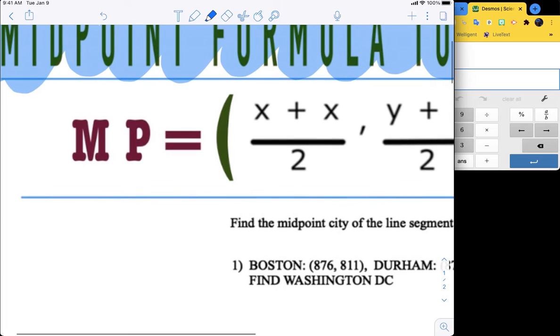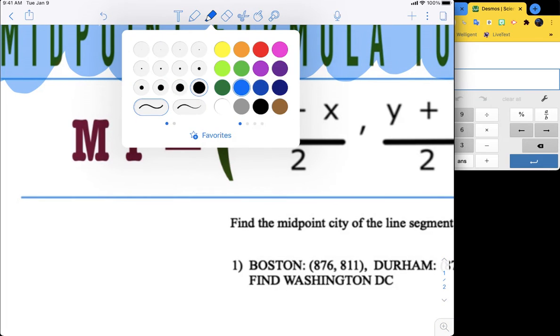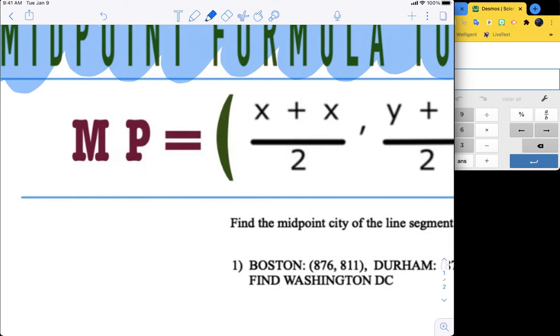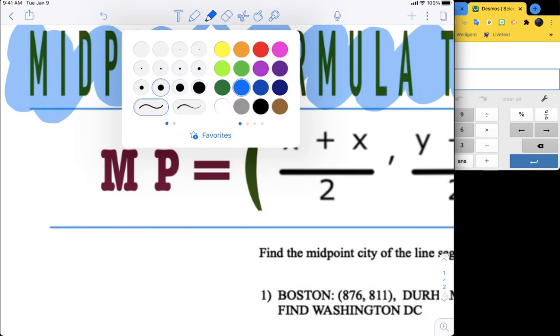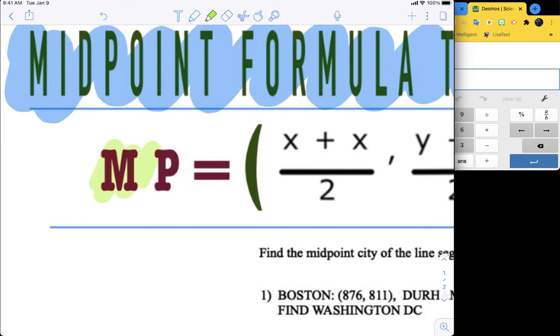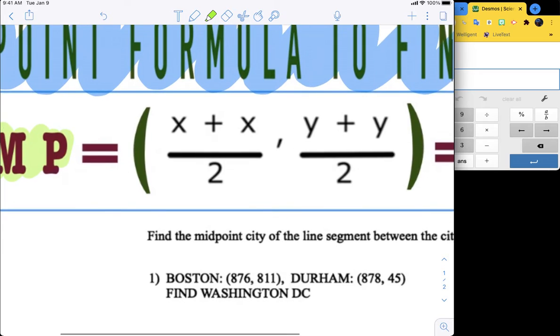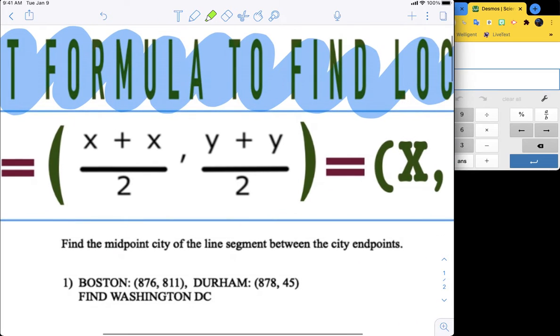First thing we're going to identify is MP. We know that MP stands for midpoint. The midpoint, as we found out the other day, is parentheses, x plus x divided by 2, because we're finding the average. When we want to find the middle, we divide by 2.